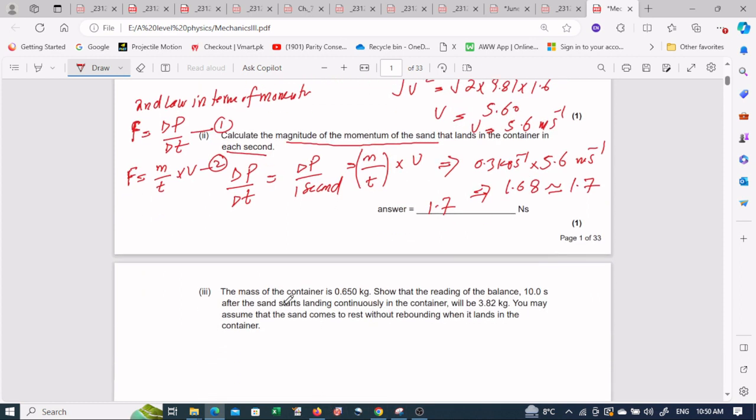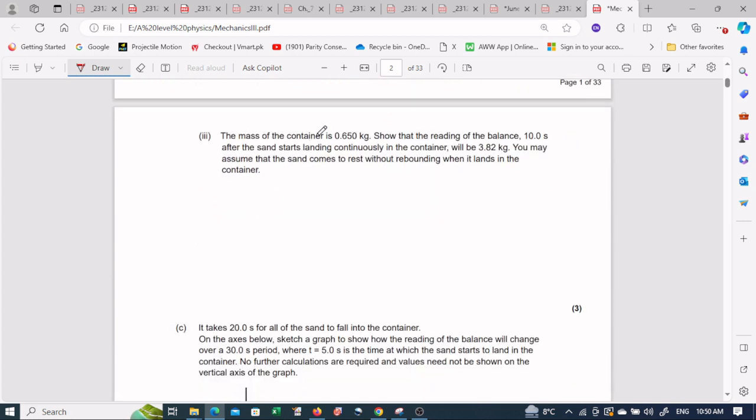Now for the third part, the mass of the container is 0.650 kilogram. It is given that this is the mass of the container. The reading of the balance 10 seconds after the sand starts falling will be 3.82 kilogram.